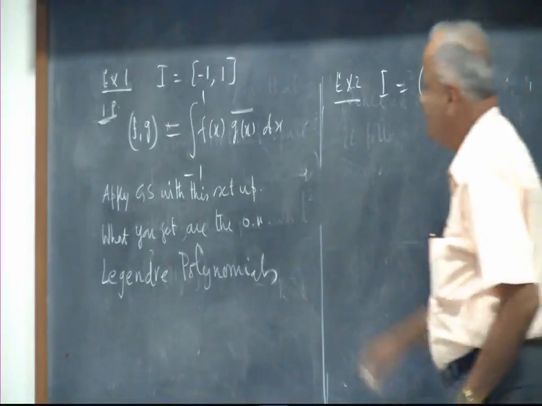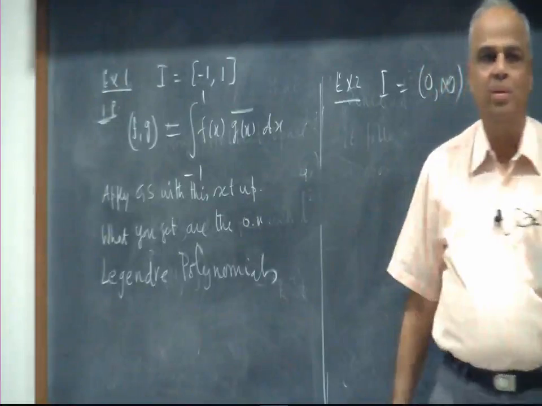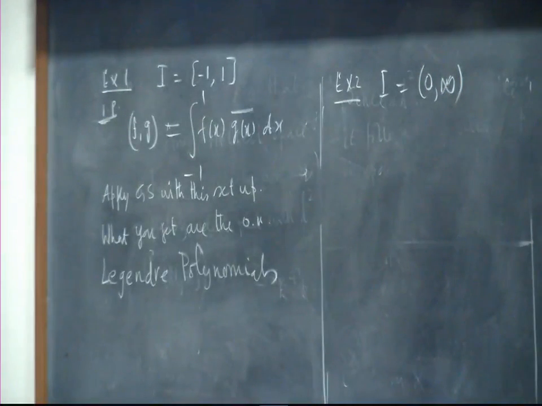In that case, this inner product will be terrible, because suppose I take the function f of x to be x and g of x to be x squared, I will get x cubed dx, and when I integrate between 0 and infinity, I will get an infinite value. So, that is not a good thing. Where is the problem? The problem is when I go to plus infinity.